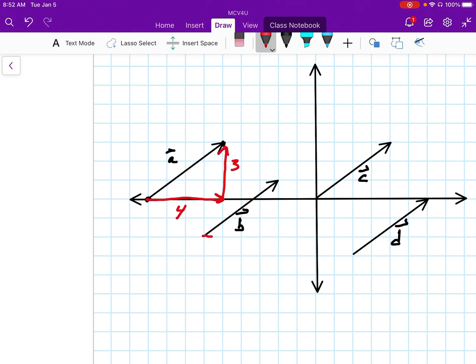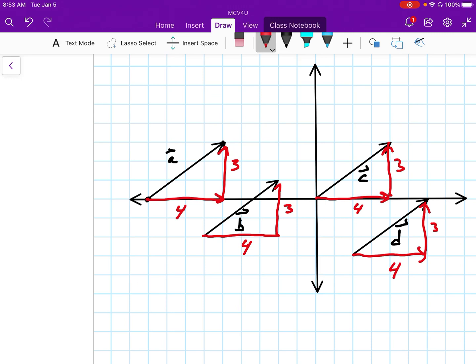Vector B is the same thing, 4 units right, 3 up. Vector C, again, 4 units to the right, 3 up. And finally, vector D, 4 units to the right and 3 up.